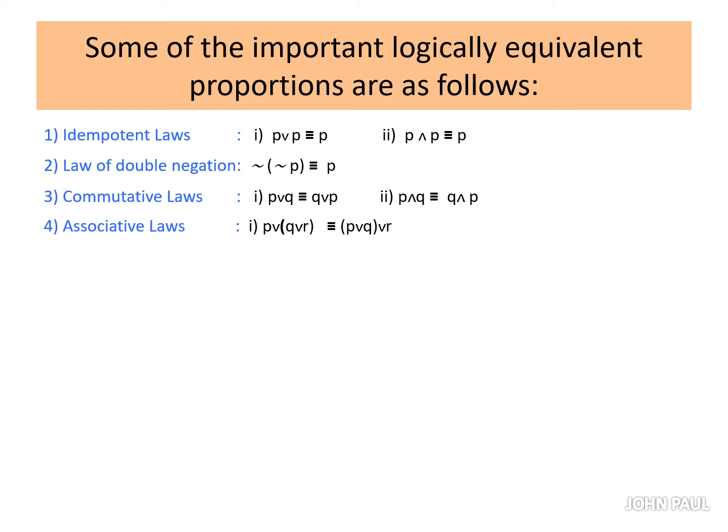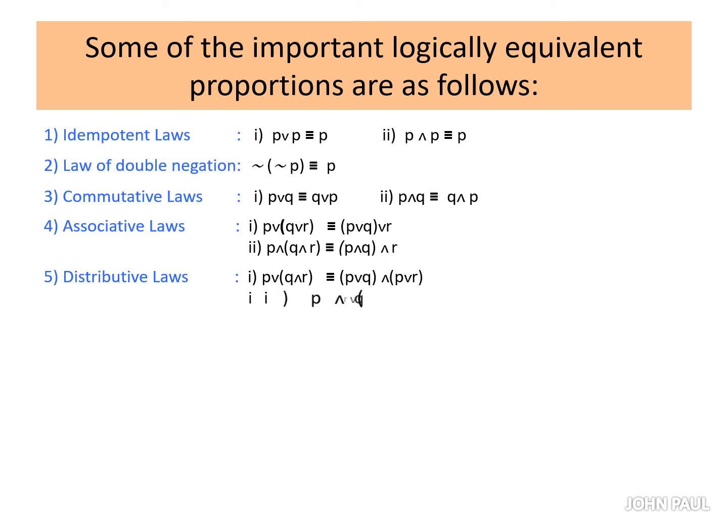Next one, associative for AND: P and (Q and R) is equivalent to (P and Q) and R. Distributive law: P or (Q and R) is equivalent to (P or Q) and (P or R). This is distributive over AND. P and (Q or R) is equivalent to (P and Q) or (P and R). Distributive over OR.